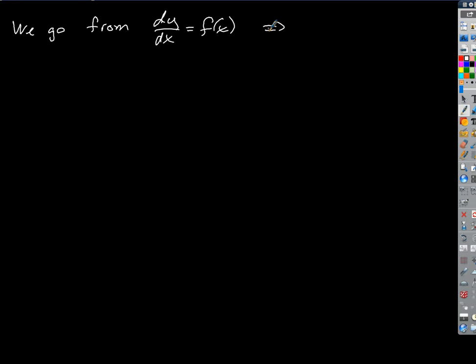What did that mean? Right now, this is telling us the rate of change of the output with respect to the input is going to be given by a certain function, right? But remember, in differential form, what we wanted to do is compare the values of the output to the values of the input for a small nudge of the input, right?